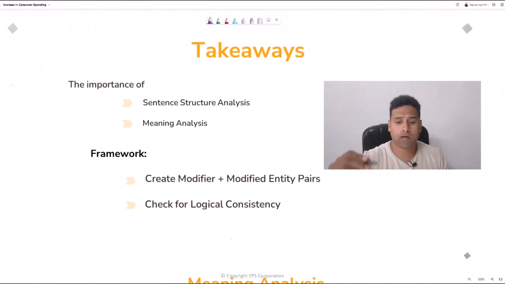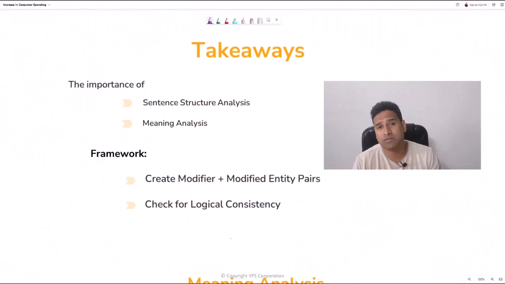Let me leave you with today's takeaways. The first thing we observed today is the importance of not only sentence structure analysis, but also meaning analysis, right? These two things are two sides of the same coin. You cannot do one without the other. In fact, you should not do one without the other.